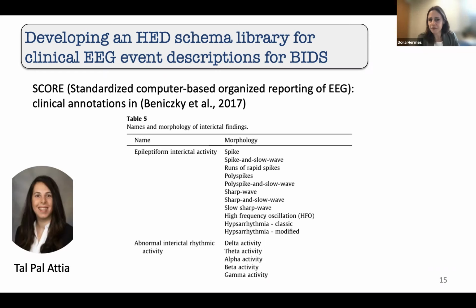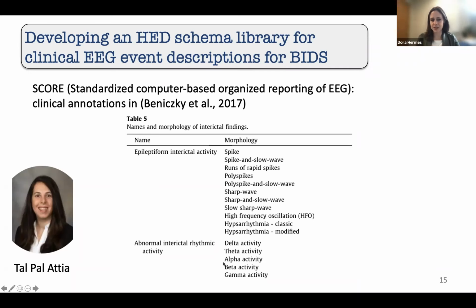And in terms of epilepsy descriptions, for clinical descriptions, a lot of standards have been developed, but have been mostly written down in, for example, a publication, such as you can see here. So you see these clinical event descriptors. You can, for example, call something epileptiform interictal activity, and you have these kinds of names that you can call something.